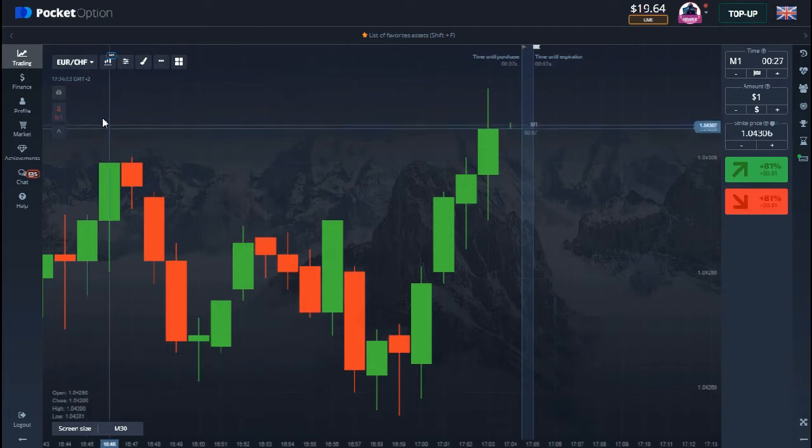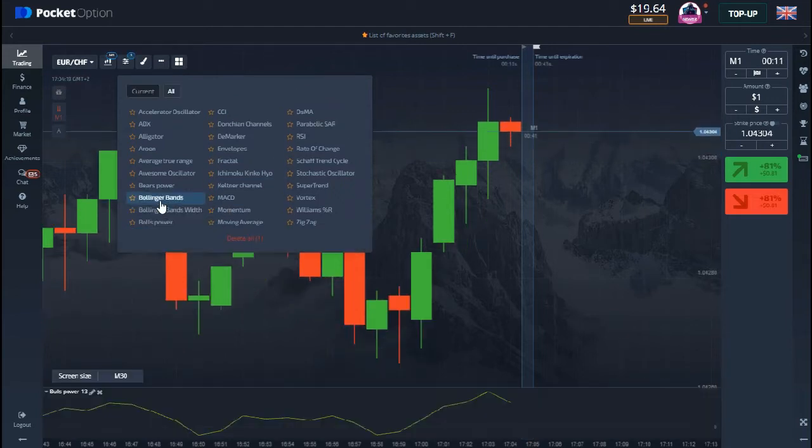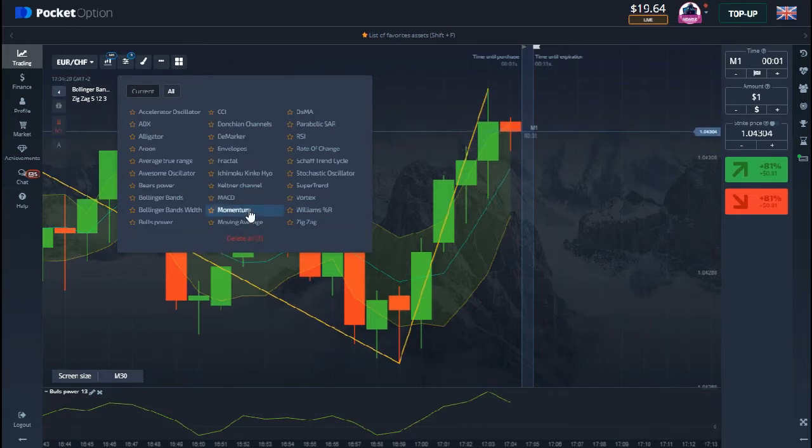Okay guys, so today I am using these indicators: Bulls Power, Bollinger Bands, ZigZag, and Momentum.